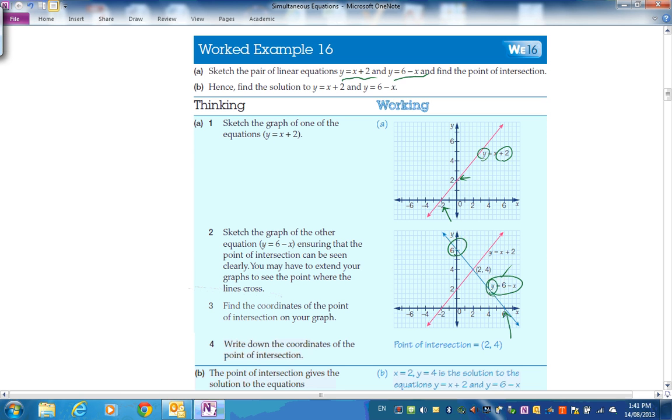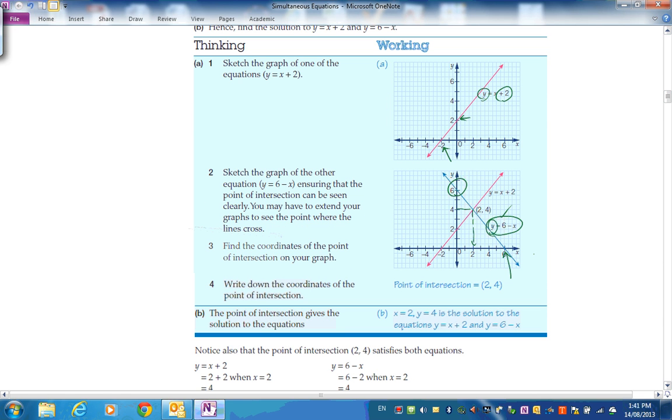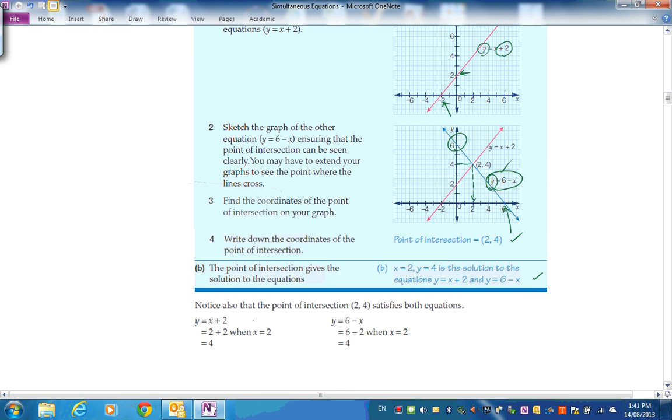And then this time it works nicely. 2, 4, and you could substitute those values into each equation here and just check there's a solution. Here it is down the bottom. When you put 2 in place of x, you get 4, that checks, and when you put 2 in place of x here, you get 4.